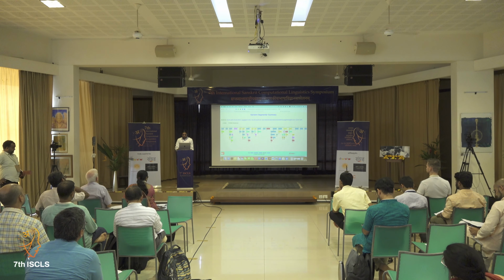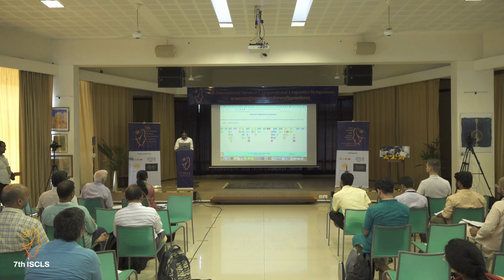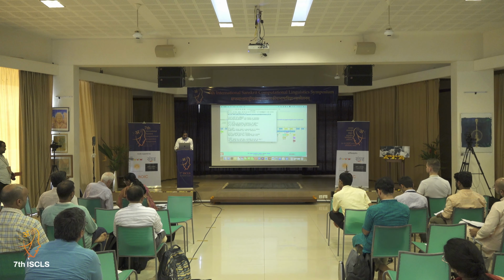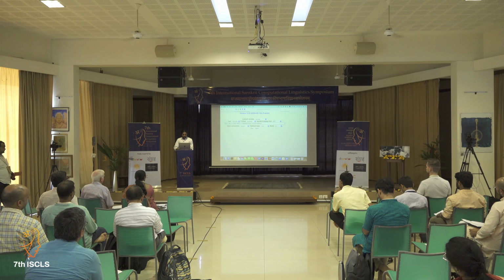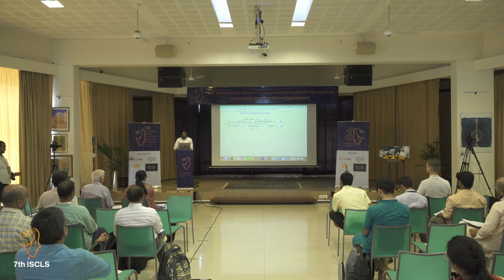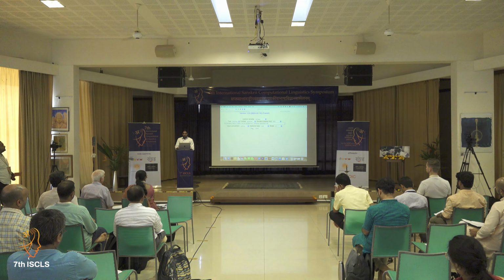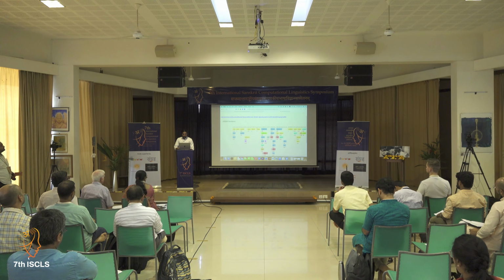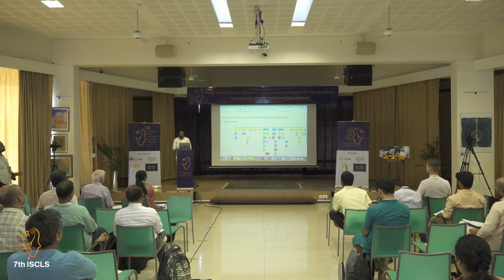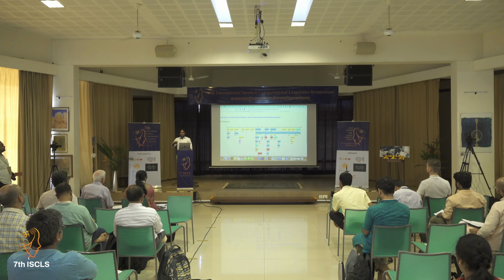Let me give another example. This is like 45,000 solutions here. But if you choose Vidahina, there are 6 possibilities. So 45,000 into 6. If you are looking at fine-grained analysis, then the number of solutions is multifold.